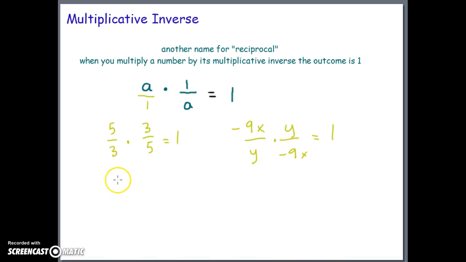Or an even more complicated example, if we had x plus 2 over x minus 5, and we multiplied this by x minus 5 over x plus 2, you can see here we're multiplying by the reciprocal. They're going to equal 1. So this is the multiplicative inverse that we oftentimes see in math.